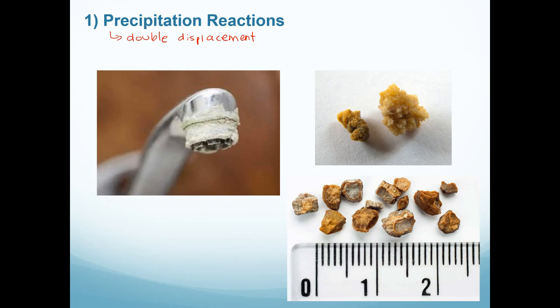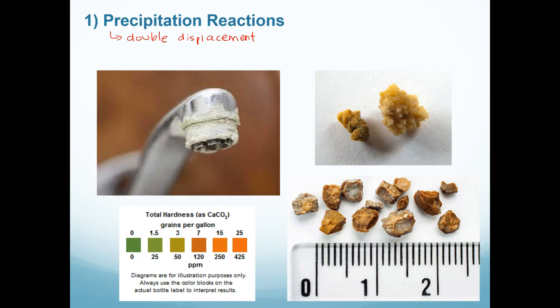But we can predict, based on what we're mixing, if we're forming a solid or not by looking at the solubility table. And then we can also figure out the degree of water hardness in another set of concentration units, so parts per million.